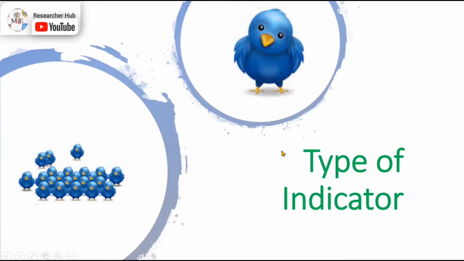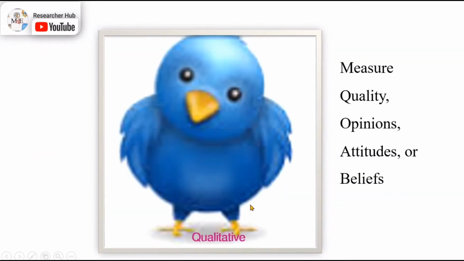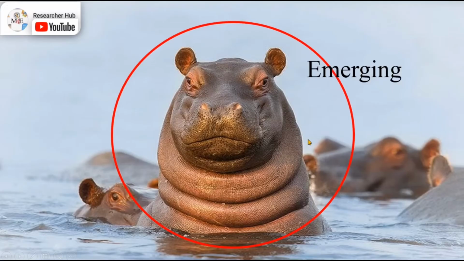Next, we are moving to the different types of indicators. Commonly, indicators are classified into two types: qualitative indicators and quantitative indicators. The qualitative indicator is used to measure quality, opinions, attitudes, or beliefs. Very often, when we use this indicator, we are more interested to see the emerging of something.